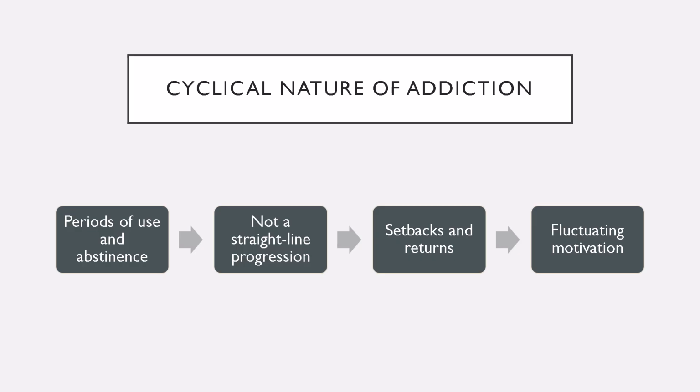And that can be confusing for both the clients and the families. Maybe they think things were getting better, so why did it have to happen again? And this is where understanding that cyclical nature becomes important. Progress and setbacks are both part of the process, and motivation can also fluctuate. So a client may feel highly motivated one week and less so the next.